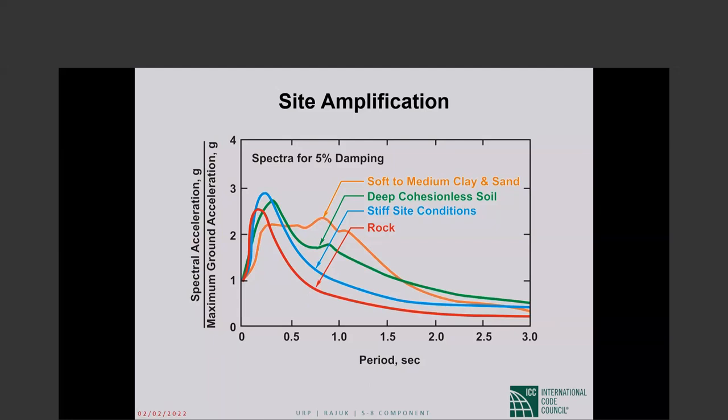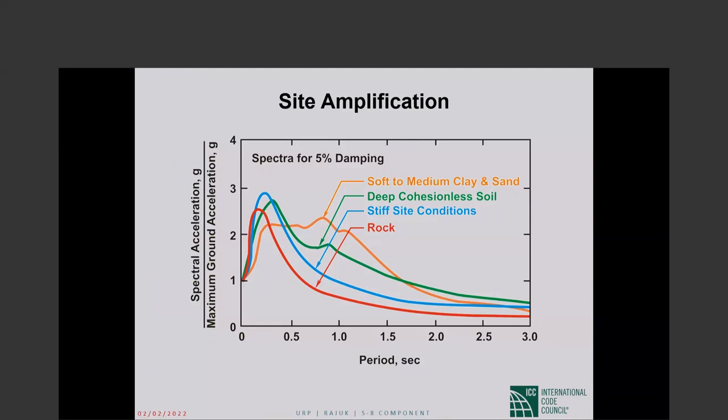What he has plotted is spectral acceleration against period. This would be an acceleration response spectrum, as we would call it. Okay? The spectral acceleration is normalized with respect to the maximum ground acceleration. Okay? So we have numbers on the y-axis.